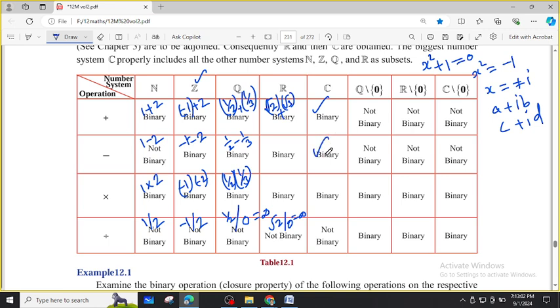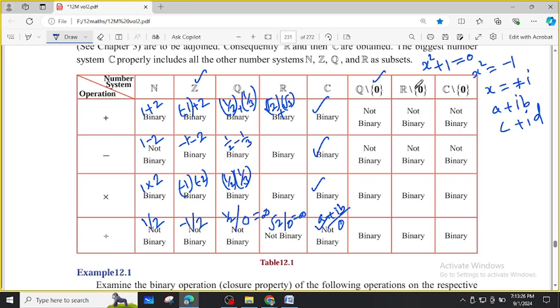Subtraction of complex numbers is a complex number. Product of complex numbers is a complex number. But division need not be a complex number, because you take some number a plus ib, but divided by 0. 0 is also a complex number. It becomes infinity. So we can't say that division of complex numbers is a complex number. So it is not binary.